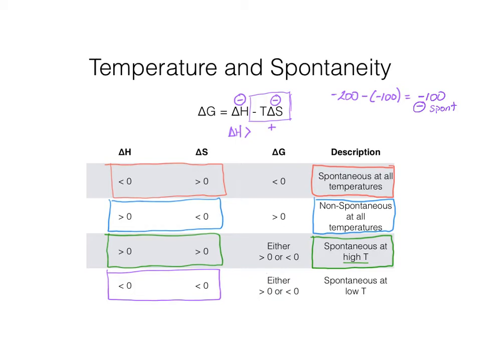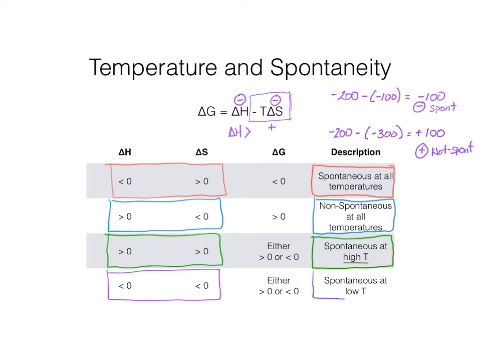But if we get a temperature that is too large, because that's the only thing that we can change, where now this T delta S is a negative 300 value, now that entropy term has become large enough that it overpowers the negative of the delta H, and we get a positive value for delta G, and the reaction is not spontaneous.